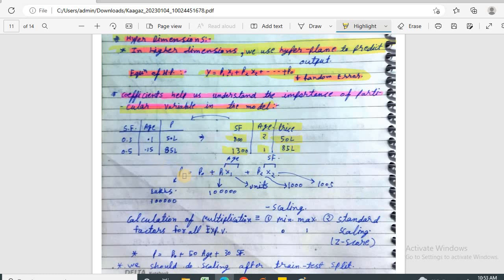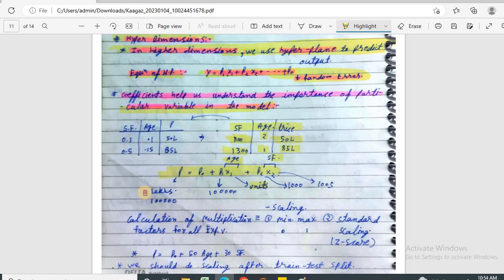If we do regression and predict the output, we get price equal to beta naught plus beta 1 x1 plus beta 2 x2. Here x1 is age and x2 is square footage. x2 will be in hundreds, and x1, that is age, will be in units.